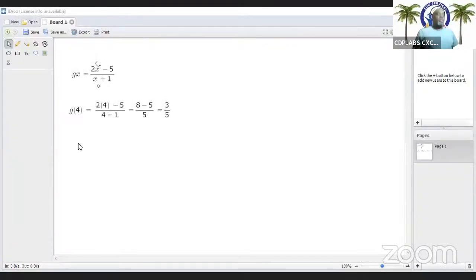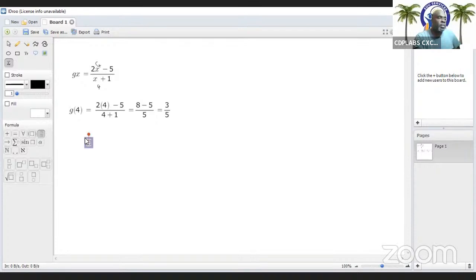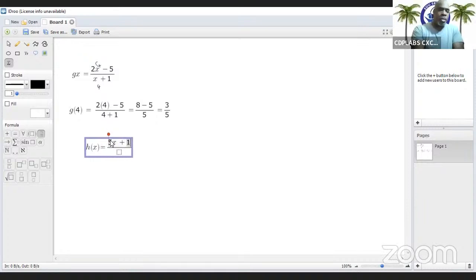All right. So the two functions: h of x is equal to f of x plus 1, and that is 2x minus 1.